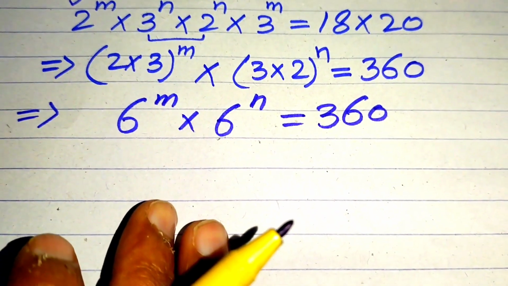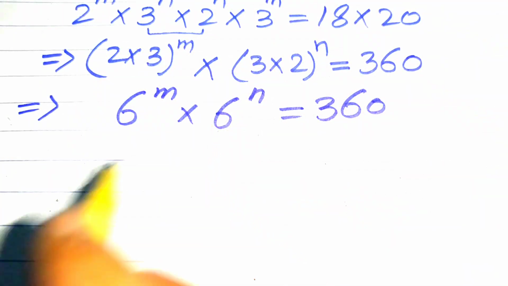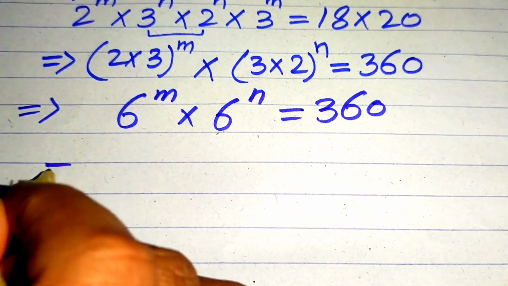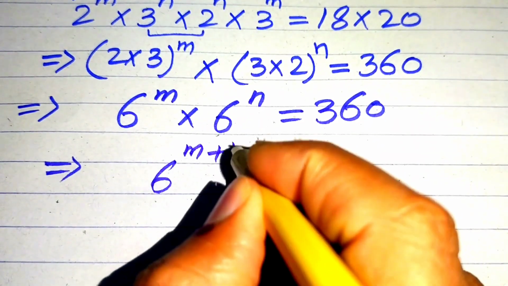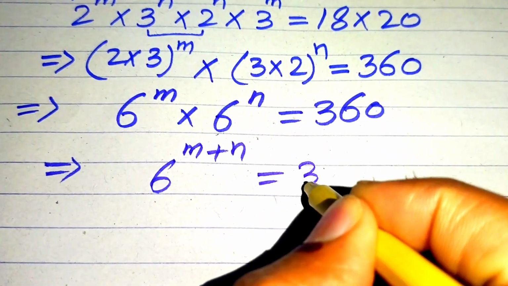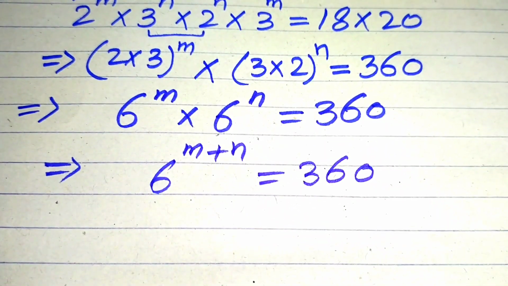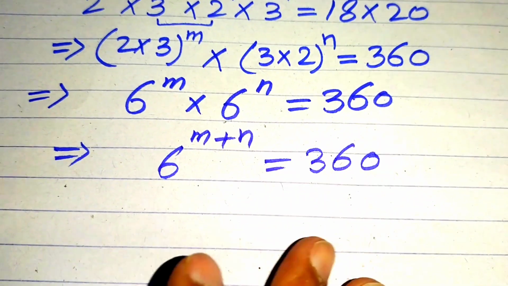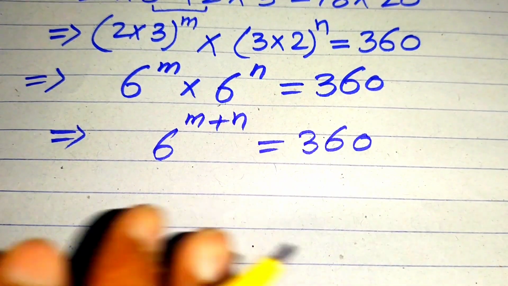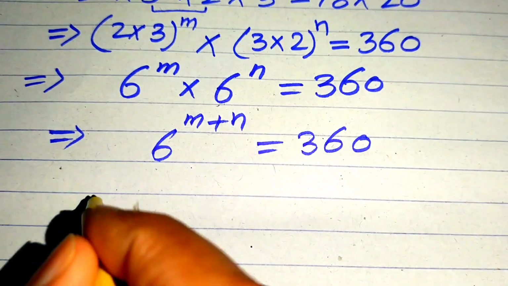Here you see that the bases of both terms are the same, so we add the exponents and write it as 6 to the power of m plus n equals 360. Now, because we want to find the values of m and n, we take log on both sides of this expression.